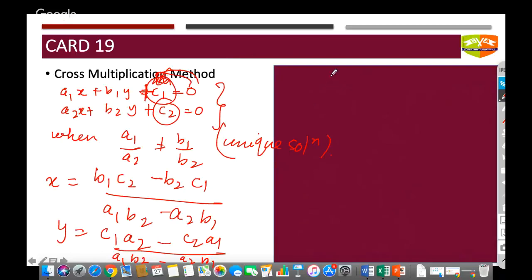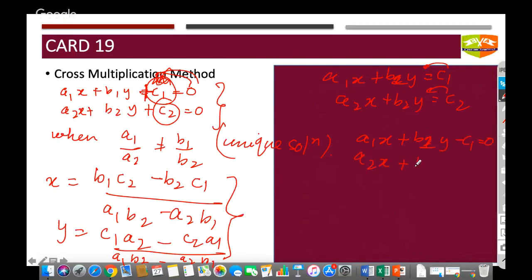If somebody gives you an equation like this, a1x plus b1y is equal to c1 and a2x plus b2y is equal to c2, when I take this c1 and c2 on the other side to find out this formula, this comes out to be a1x plus b1y minus c1 is equal to 0 and a2x plus b2y minus c2 is equal to 0. So wherever c1 and c2 come over here, they would be replaced by a negative sign.